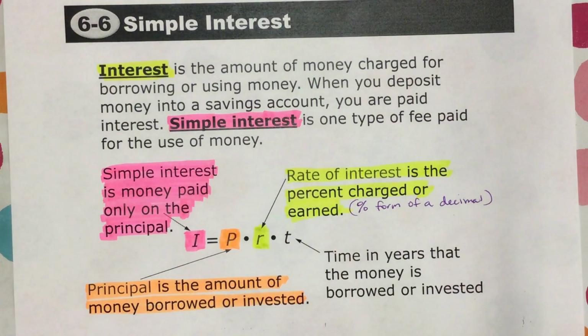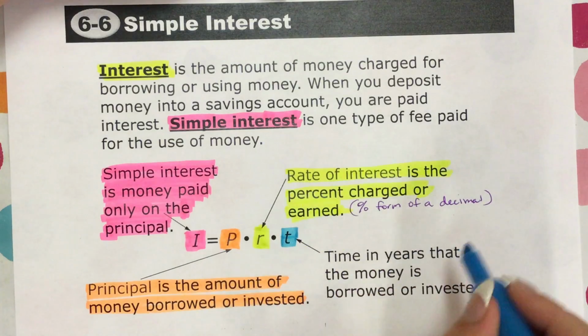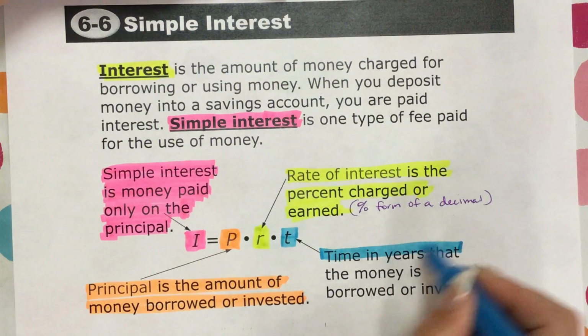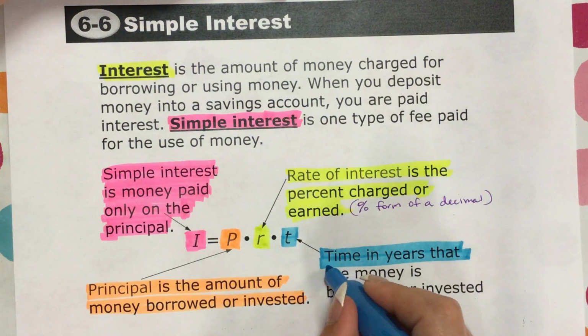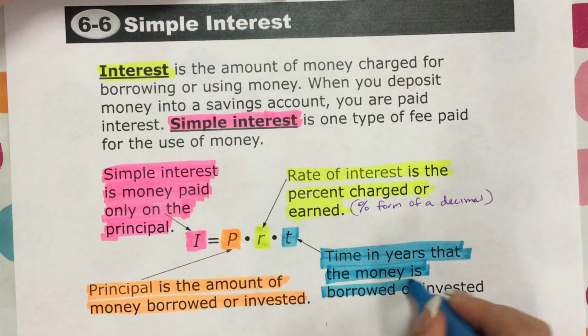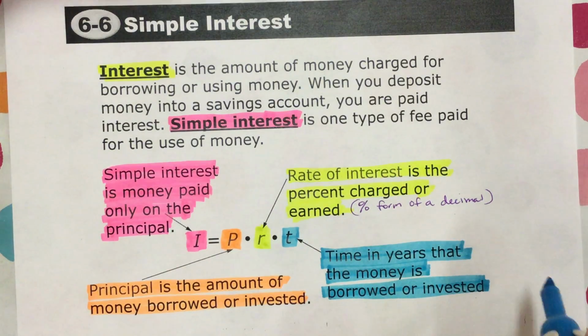Okay? The last thing would be the time, T. T stands for the time in years that the money is borrowed or invested. So that is our formula right here.